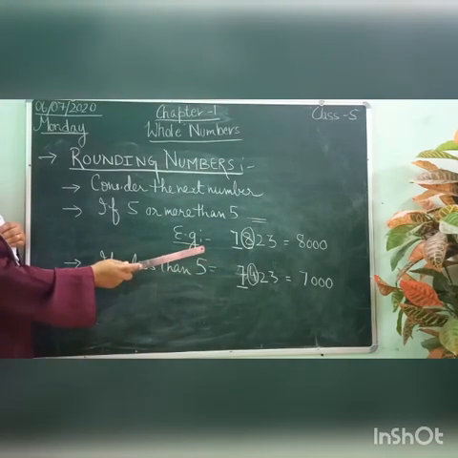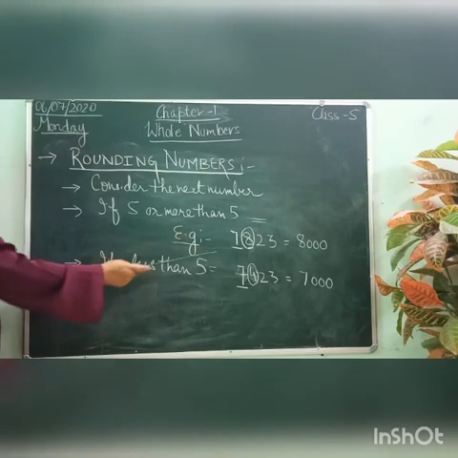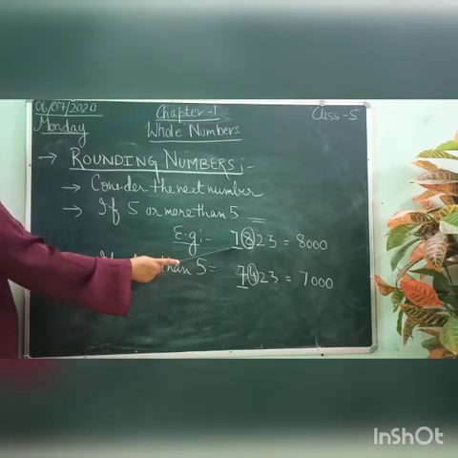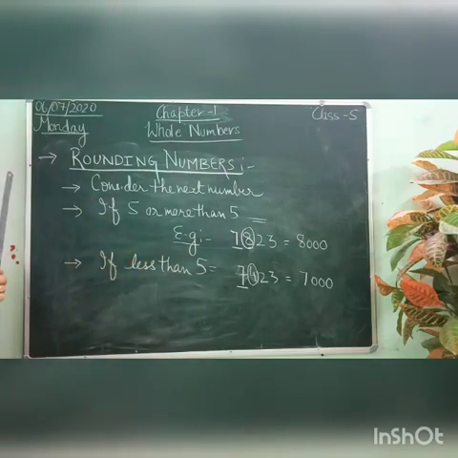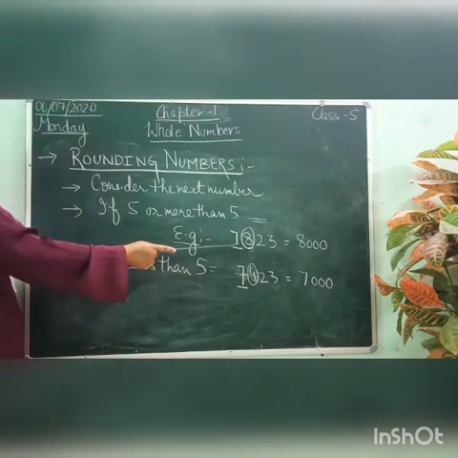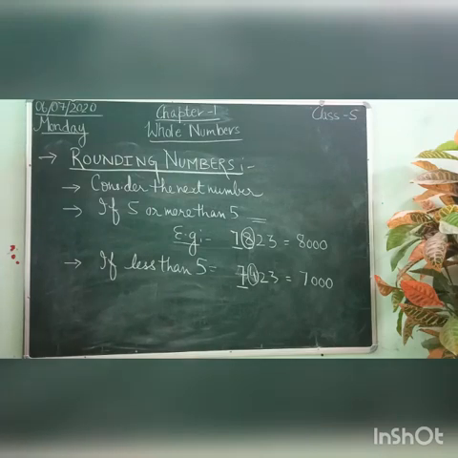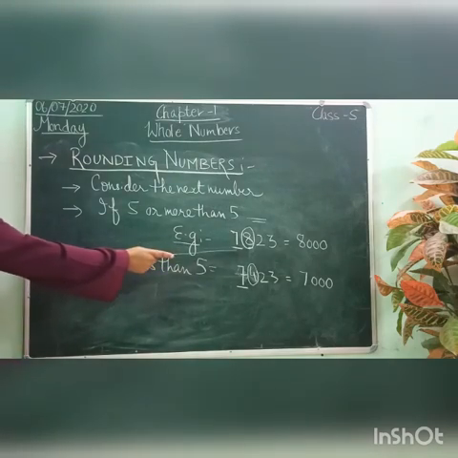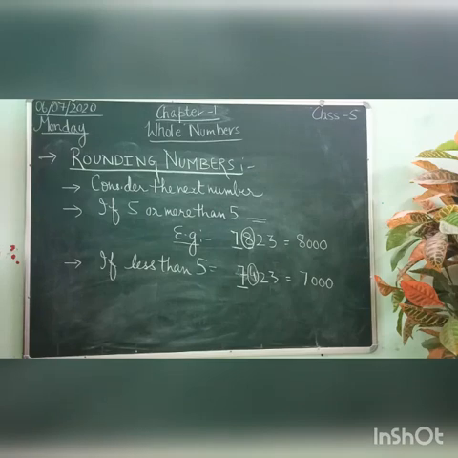Then what will we do? If it is more than 5, we increase the value to be rounded by 1 and the remaining will be 0. As we have done, this 7 becomes 8, I have added 1 to it, and the rest of them become 0. Did you get it? If it is more than 5, then we add 1 to the digit which is to be rounded and the rest will become 0.